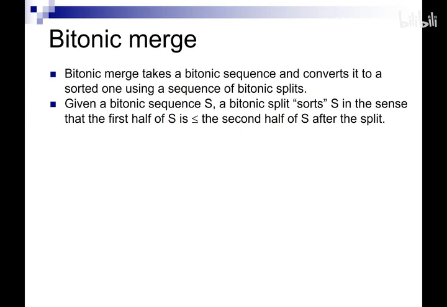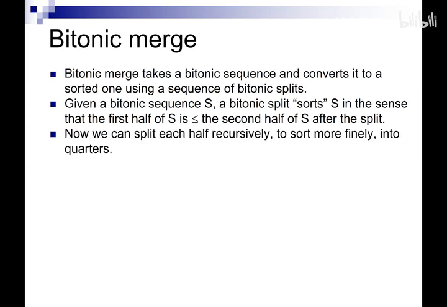And you can see that this is kind of a sorting of S, because you've taken this bitonic sequence S and split it into two parts consisting of the smaller half and the larger half. Each of these halves is maybe not sorted, but at least you've sorted the two halves: the left half is completely less than the right half.